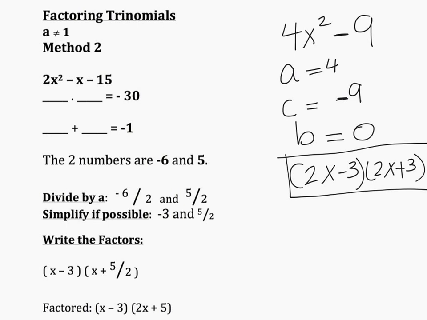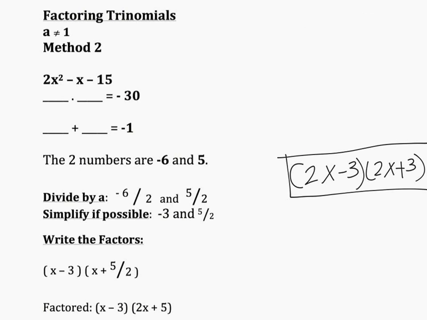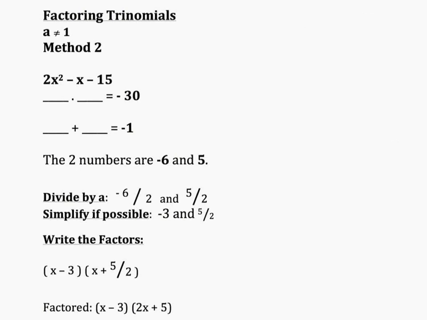So again, this method, which is called the bottoms up method, and the grouping method works for any type of trinomial, and it works for binomials like this. Okay, with that said, let's see how this works. Now I like this method because it's quick, especially when we get to polynomials later on.